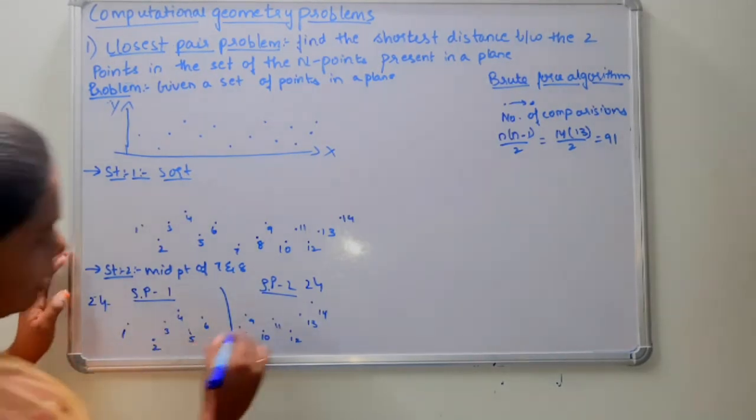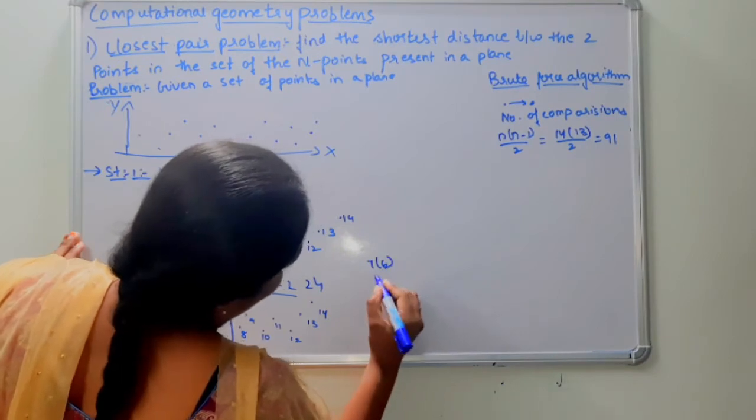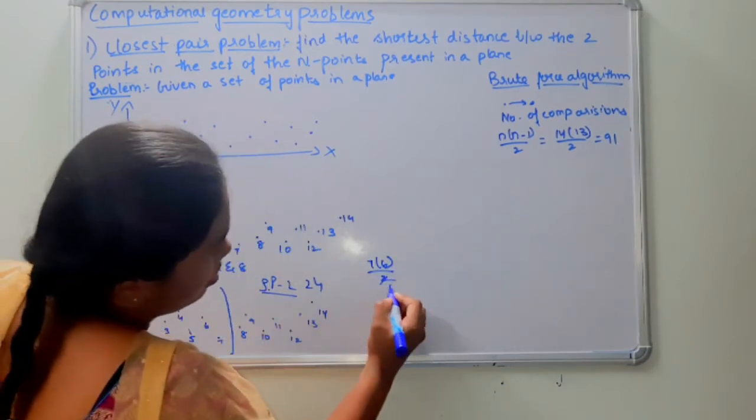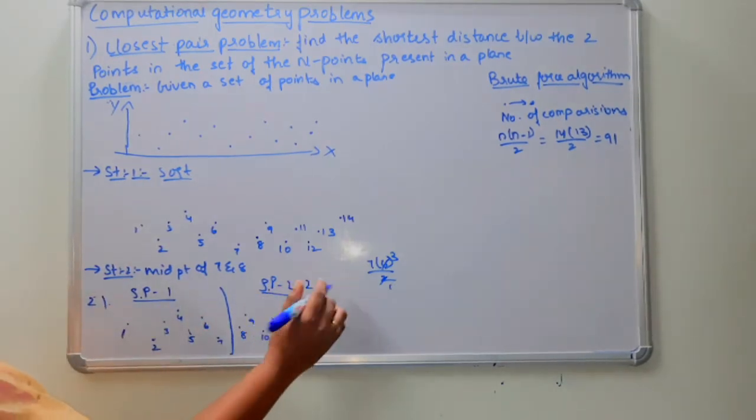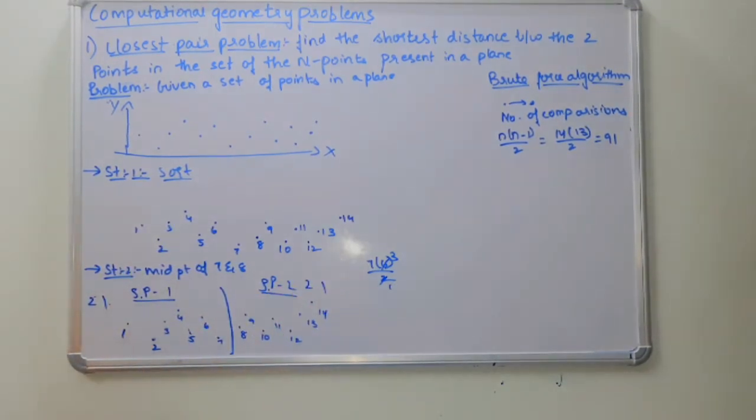You can calculate n into n minus 1 by 2. Here there is an advantage. If we divide the problem into the two subproblems, the number of comparisons is totally divided into half of that of the brute force algorithm. In brute force algorithm, the number of comparisons is 91.